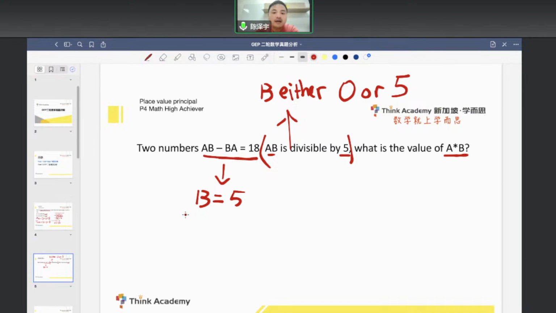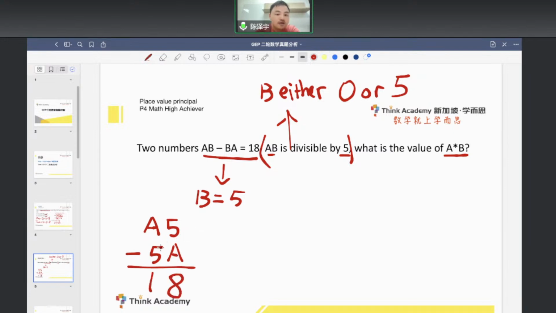Now I can write this AB minus BA in a vertical way, with B equal to 5. So A5 minus 5A equals 18.